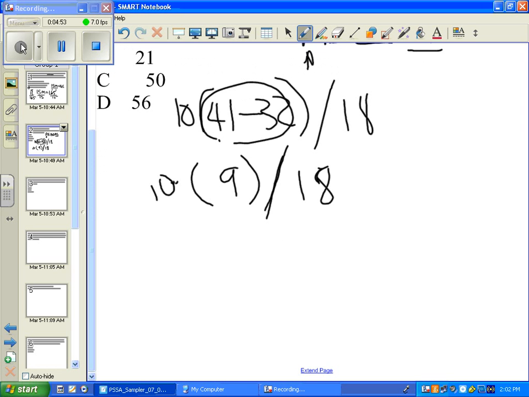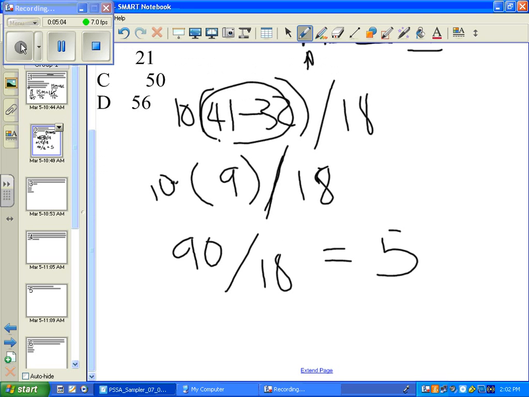So we do our multiplication, we're working left to right, we do 90, and we're going to divide that 90 by 18. And 90 divided by 18 is equal to 5. So that would be 5 degrees Celsius. 41 degrees, which is pretty much the temperature it is today. That would be 5 degrees Celsius.